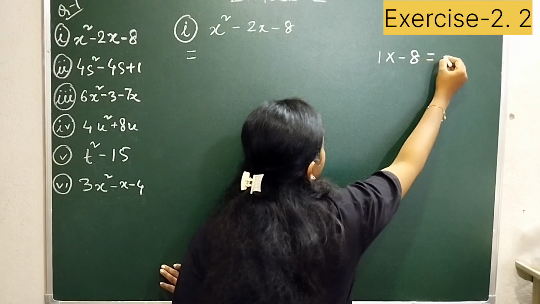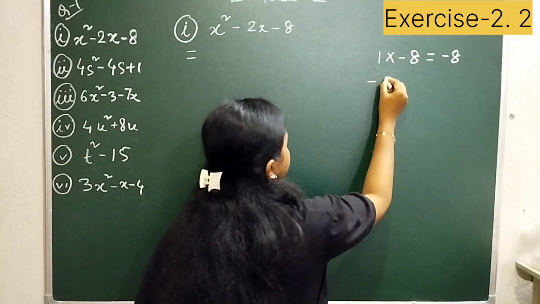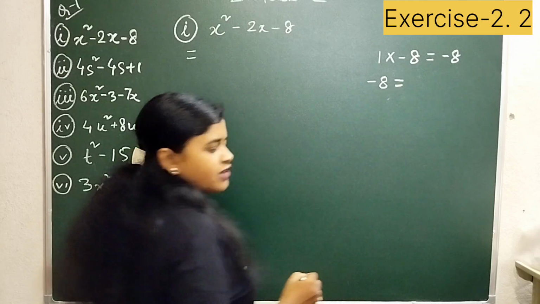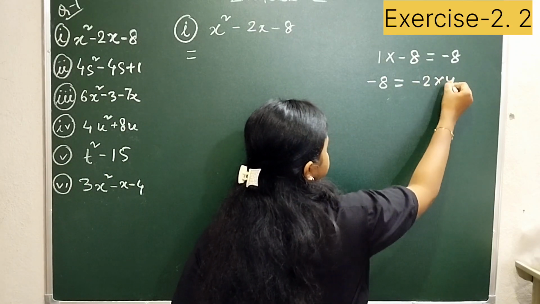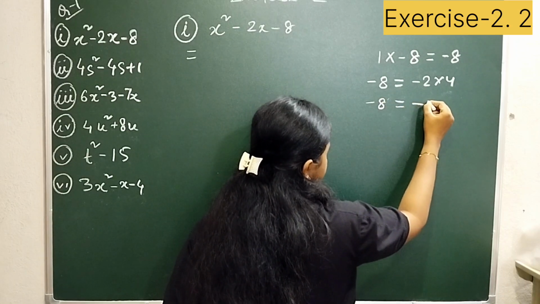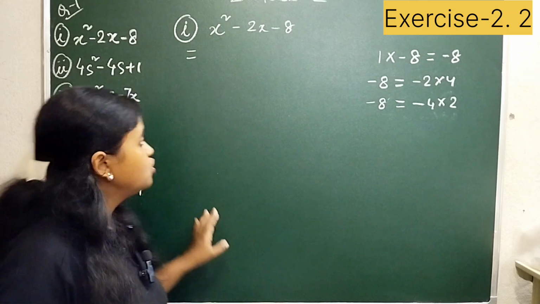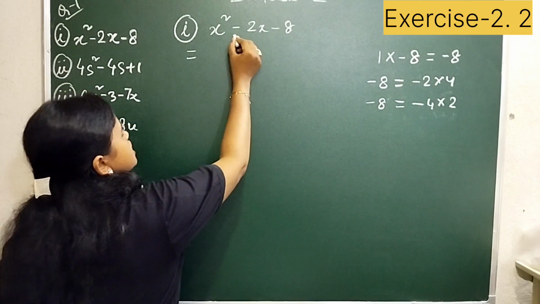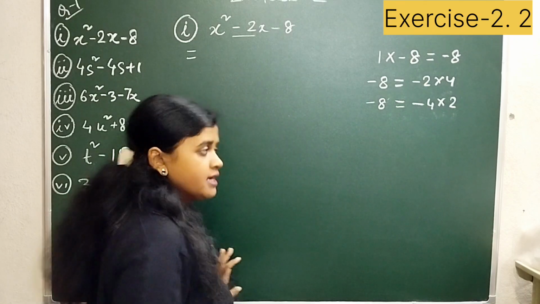So the product is minus 8, and minus 8 we can write in several ways: minus 2 into 4, or minus 4 into 2. Basically we have to adjust minus 2 using these two factors of minus 8.